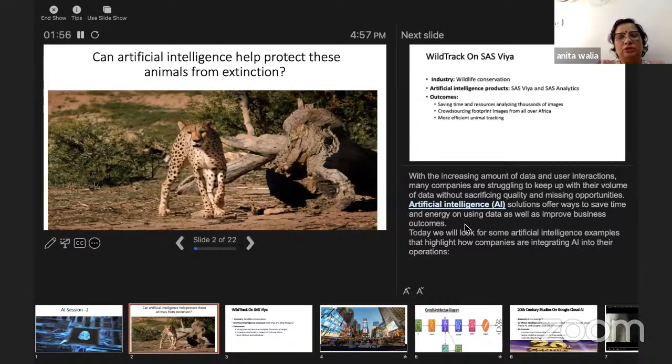Which of this data is useful? How do we utilize it in the organization to improve our business outcomes?